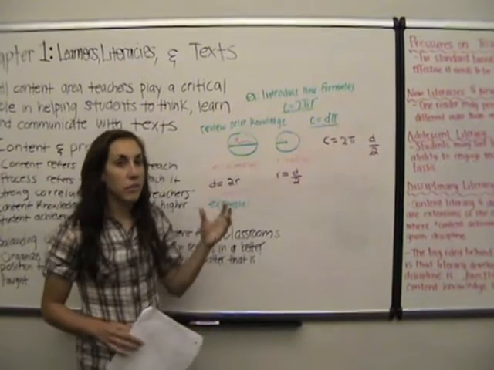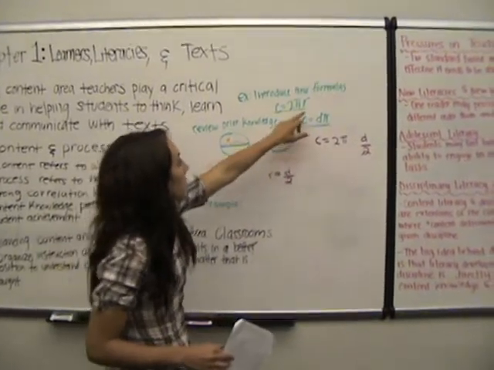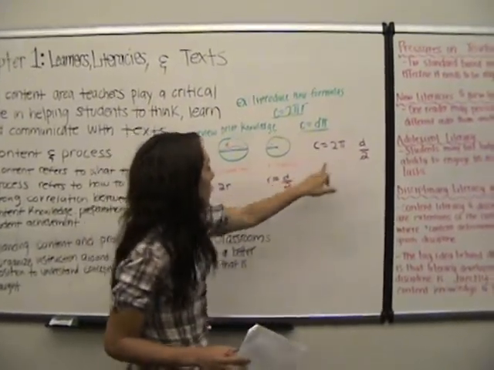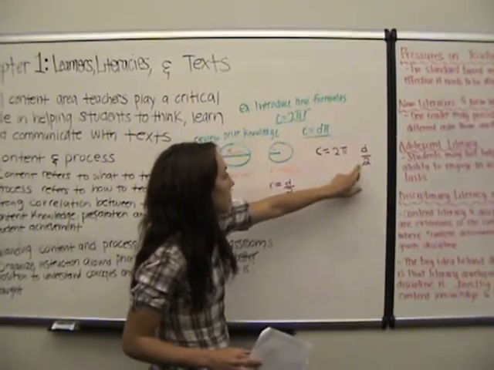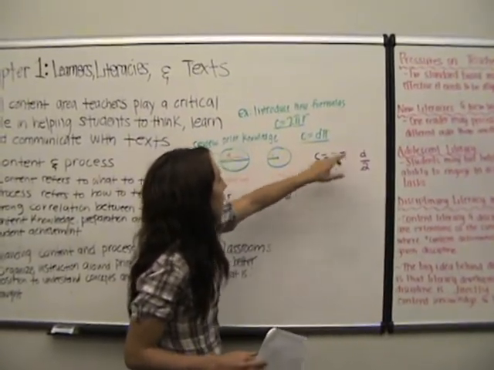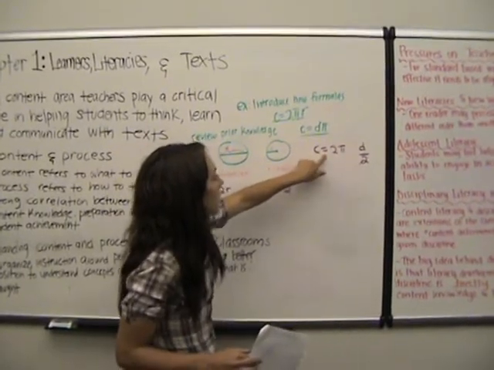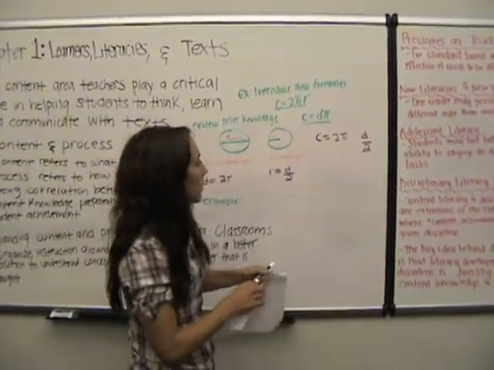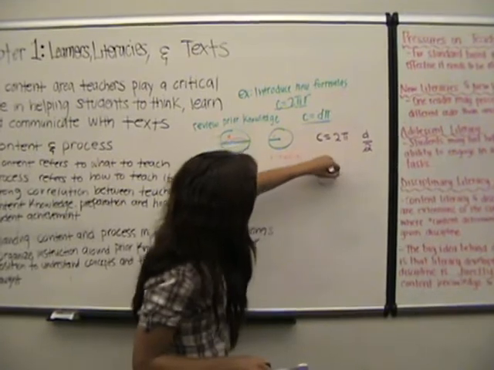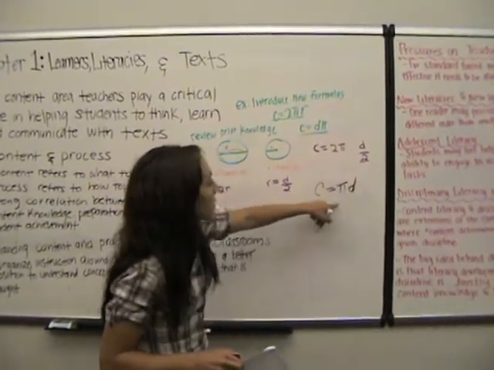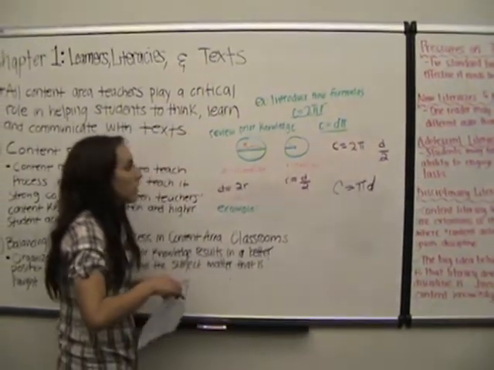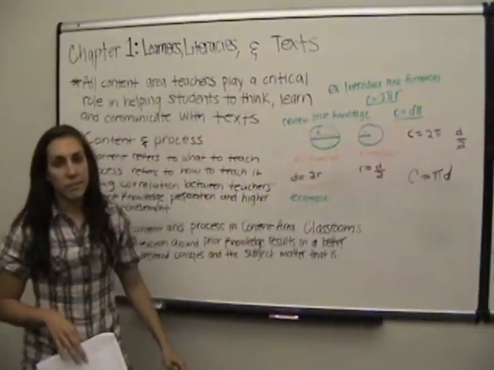Since students learn in different ways, they can take D over 2 in place of R, cancel the 2's, and you still get C equals pi times D. It all means the same thing, and we know this because of our prior knowledge.